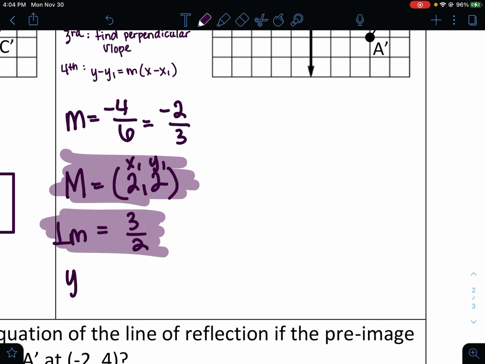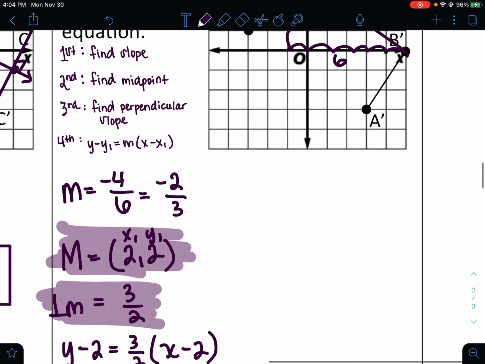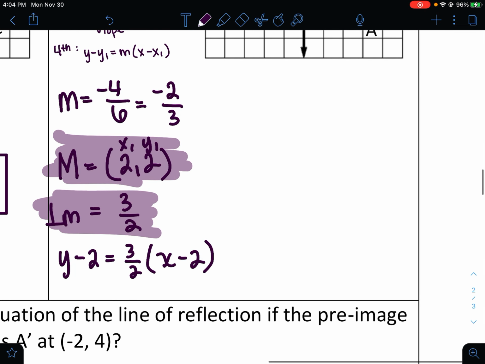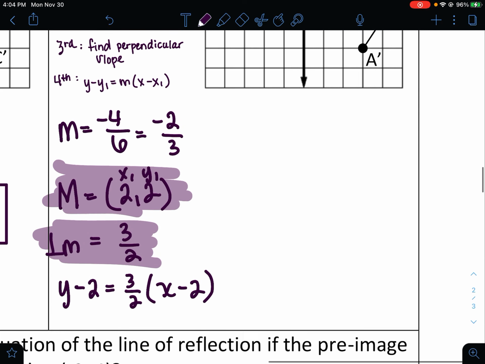So that's going to be y minus 2 equals, instead of m, put a 3 over 2 times x minus 2, because that's our new x1. All right, just checking. Okay. So there you go. There is your equation.